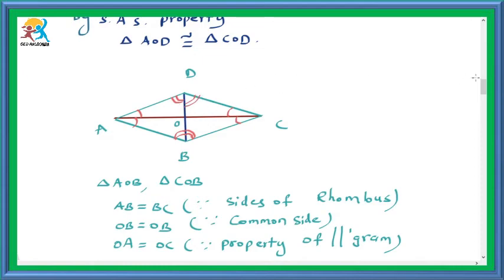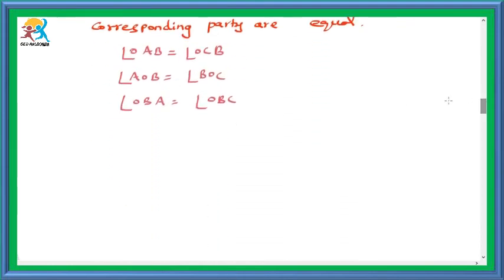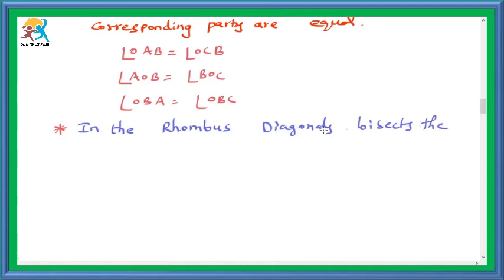So, from this we can get one property, that is, in the rhombus diagonals bisect the angles at the vertices.